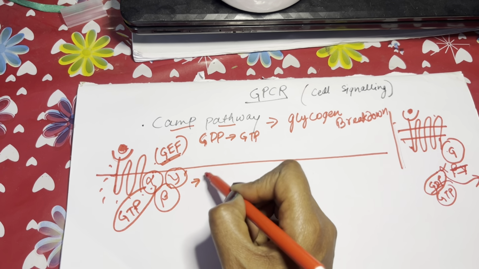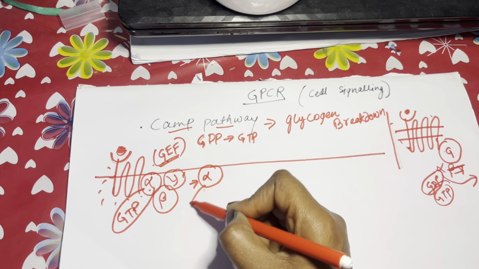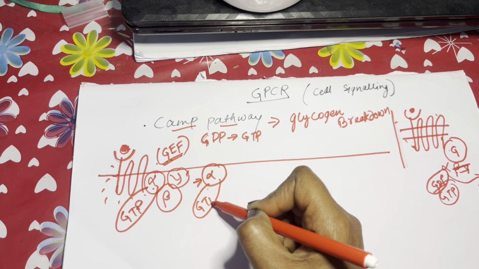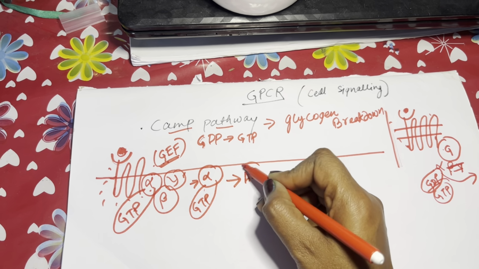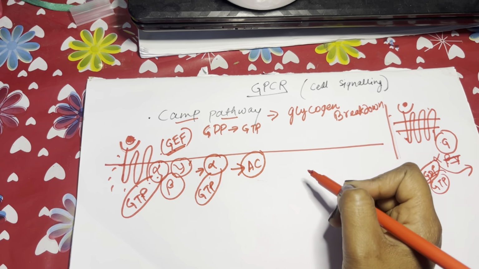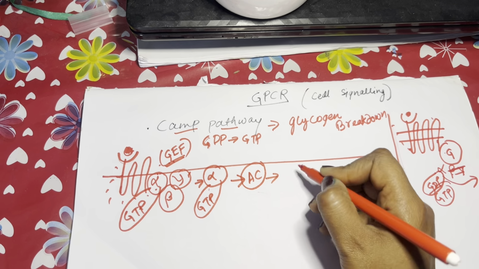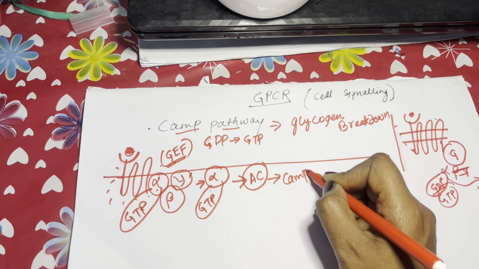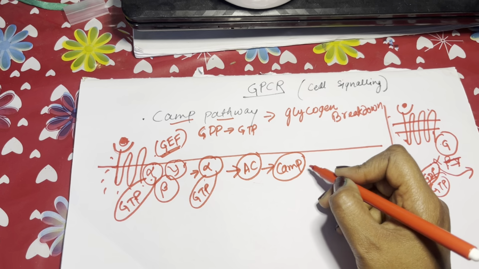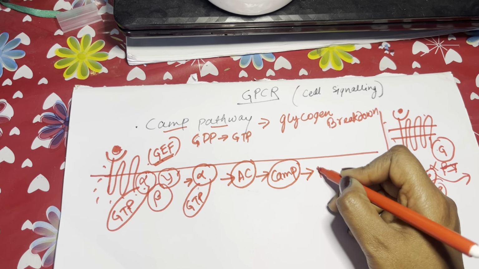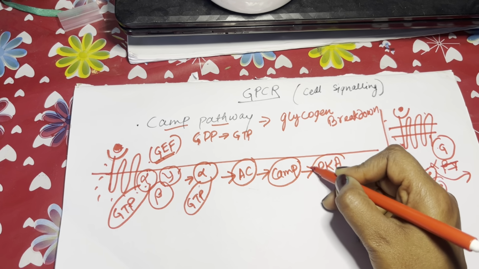As a result, the alpha subunit will get detached from beta and gamma subunit. This alpha subunit will activate something called AC, adenylyl cyclase. This AC can make cAMP, okay, cyclic adenosine monophosphate. This cAMP will activate one protein called PKA.